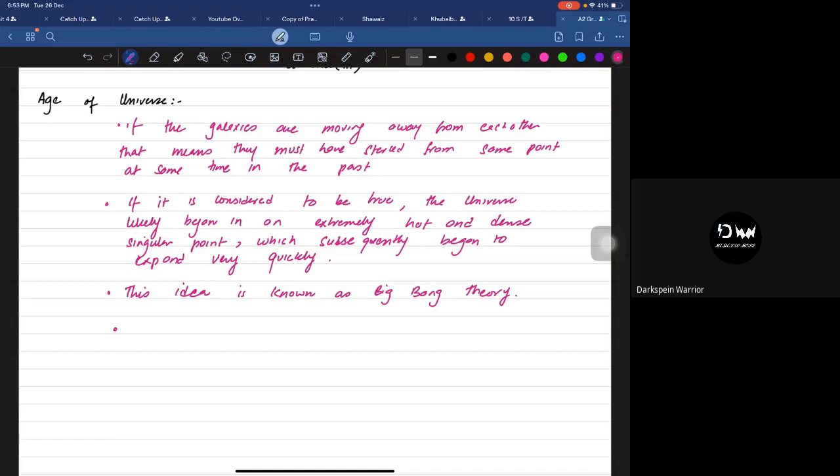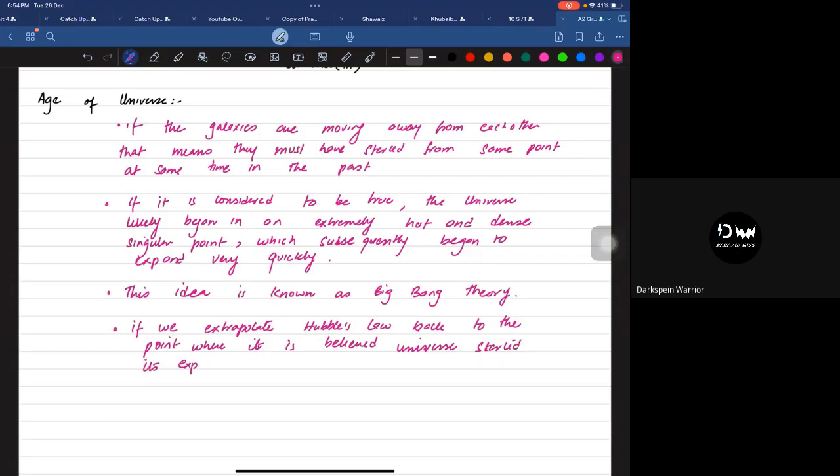And if we extrapolate Hubble's law back to the point where the universe is believed to have started its expansion, the age of the universe can be found using a simple formula.